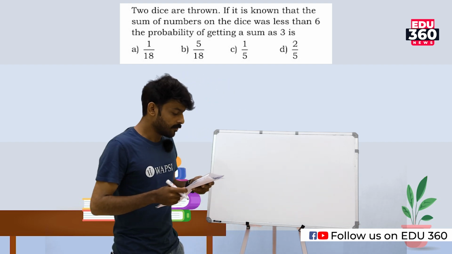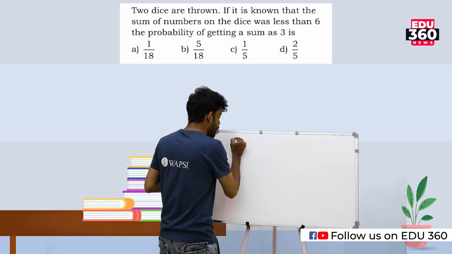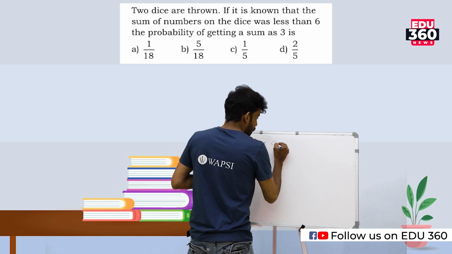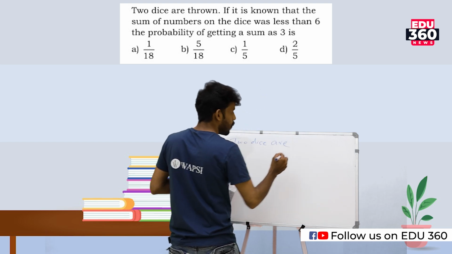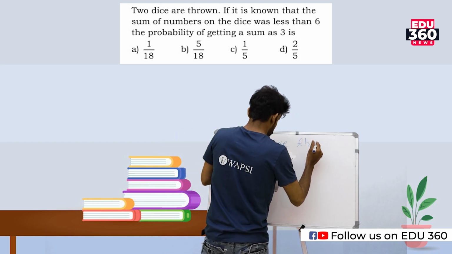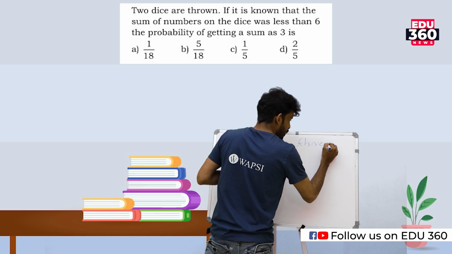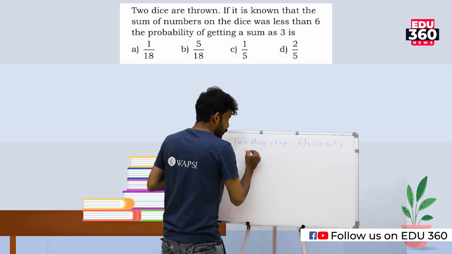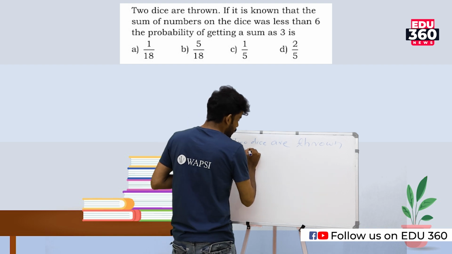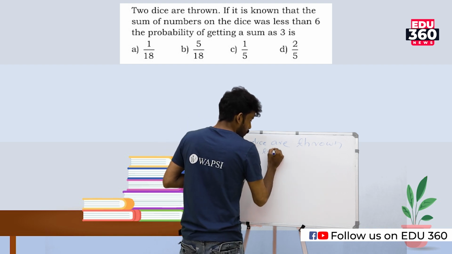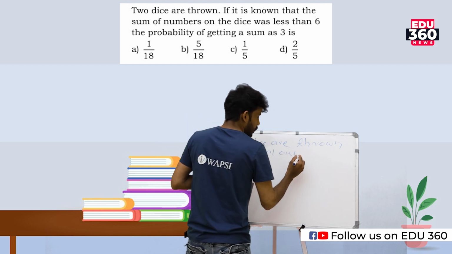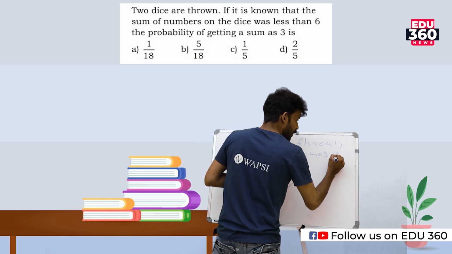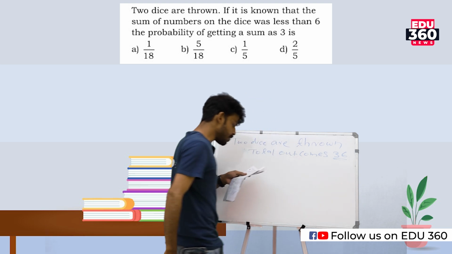So first of all, it's given that 2 dice are thrown. So that means the total number of outcomes is 36.